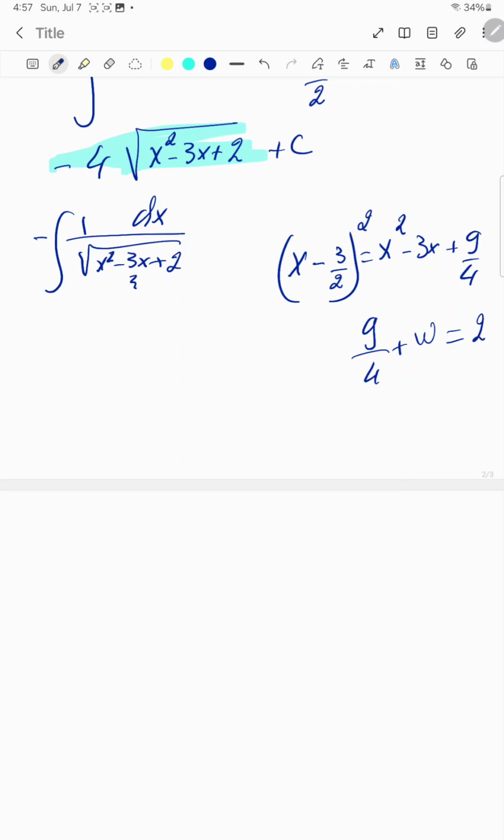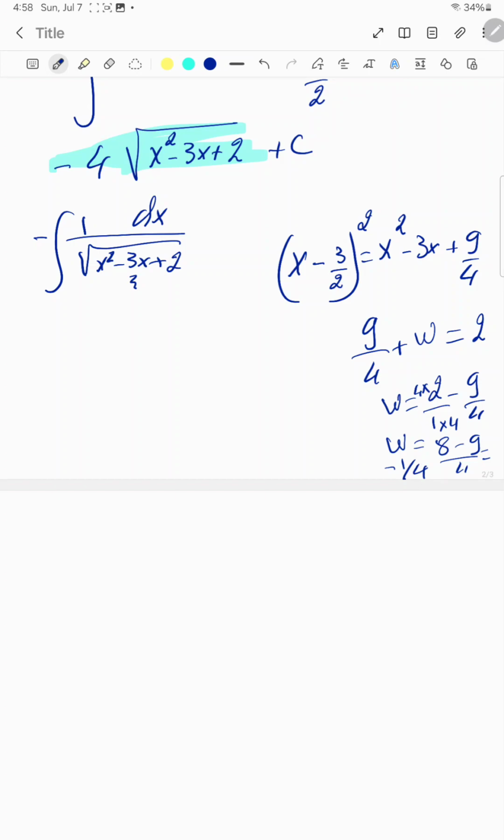I want to add or subtract something from 9 over 4. So my w will become 2 minus 9 over 4. If I want a common denominator, I multiply by 4 here and by 4 here. So my w is equal to 8 minus 9 over 4, which is equal to minus 1 over 4.